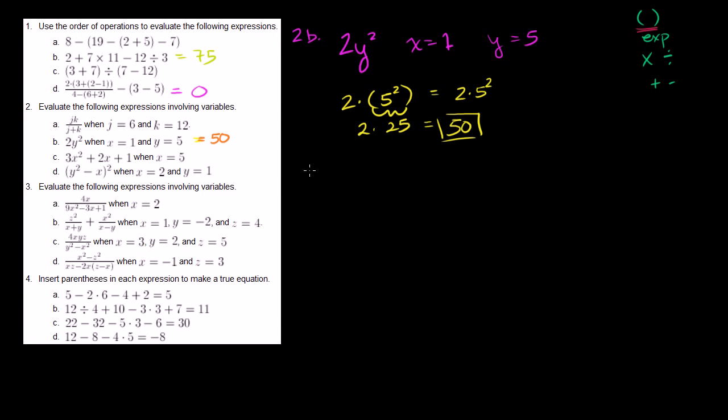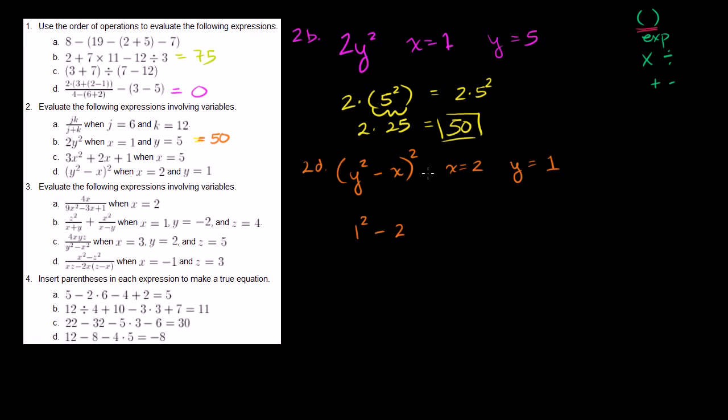Let's do 2d. All right, they're giving us y squared minus x, whole thing squared. x is equal to 2, and y is equal to 1. Well, we just substitute. Where we see a y, we put a 1. So this is going to be 1 squared minus x. Oh, sorry, minus x, not x squared.